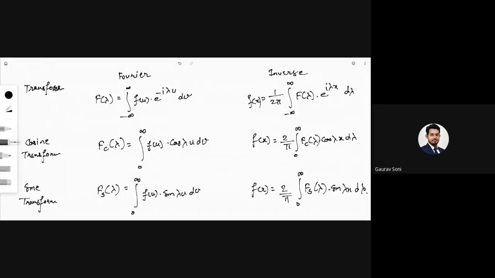So I will find F of lambda, and I will place it in this formula. You don't have to solve the formula, just place it here. This is called the Fourier integral representation. Fine. Now we'll go to examples.